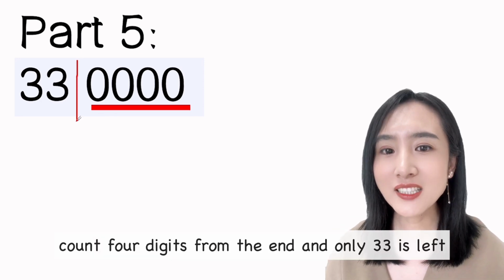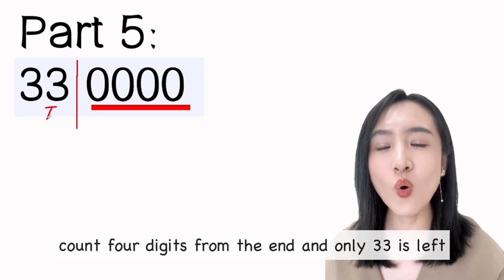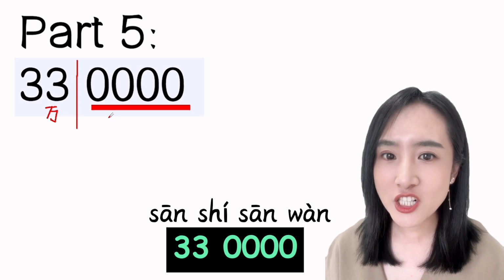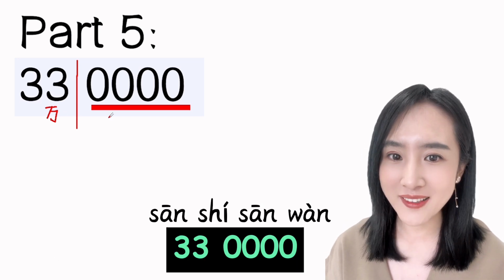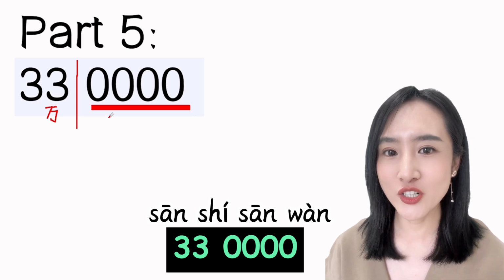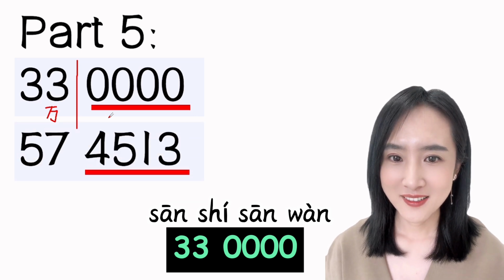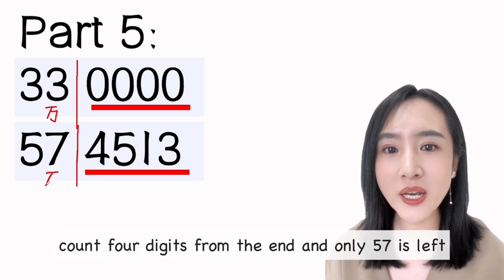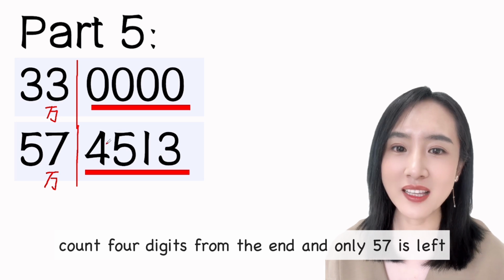And this one, count 4 digits from the end and only 33 is left. So this one will be 三十三万, right? And the last one, count 4 digits from the end and only 57 is left. So it's 574,513.